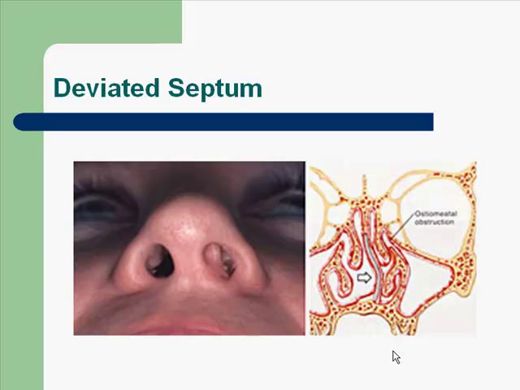We've talked about the septum before, so I just wanted to show you what it looks like when somebody has a deviated septum. If you're a clinician and you view this, do you think that this deviation can cause difficulty with breathing?